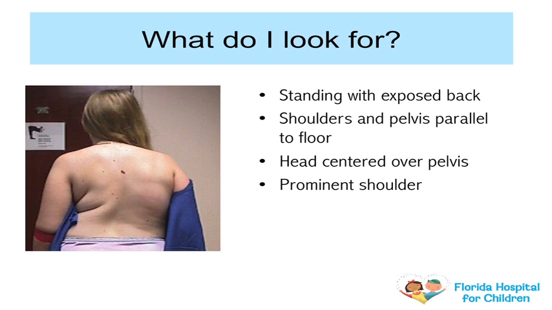Also, you like to see whether or not the head and the shoulders are centered over the pelvis, because sometimes with a bad curve, the shoulders and the chest can be shifted to the left or to the right over the hips. Also, sometimes you'll see an extra crease on the side of the chest or back, as you can see on this slide. And lastly, sometimes the shoulder blade is sticking out, such as the patient's right shoulder blade on this slide.